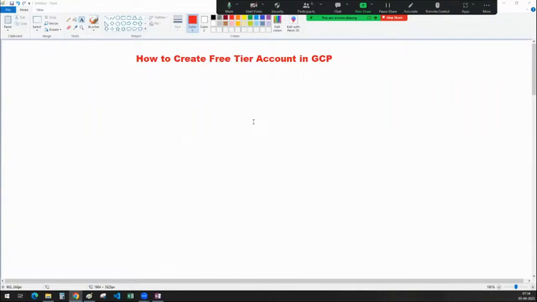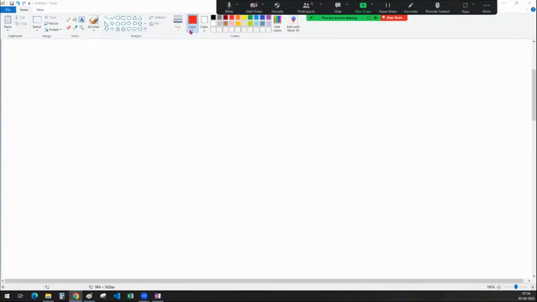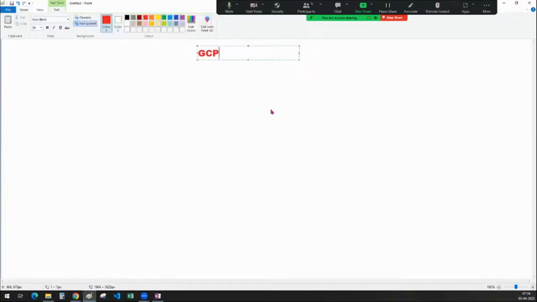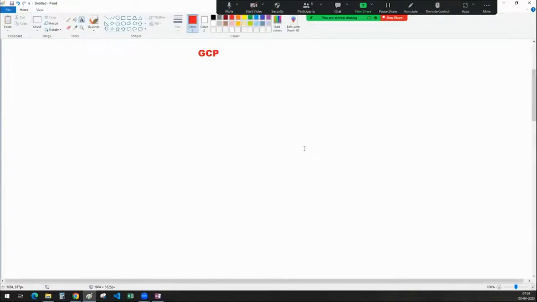First, let us understand what Google Cloud Platform is, guys. So GCP, what is GCP? We are seeing nowadays that cloud platforms have become very famous because they are mainly responsible for cloud computing.